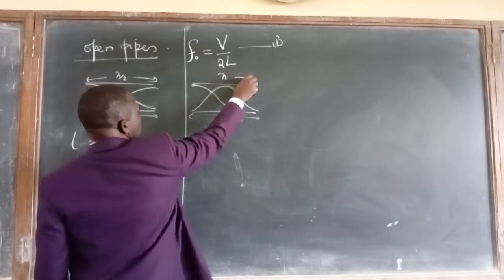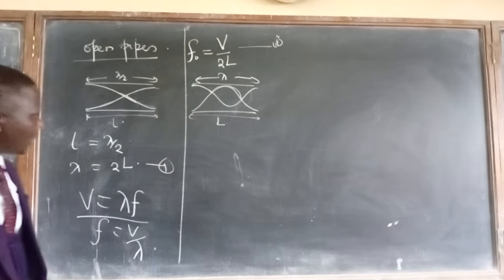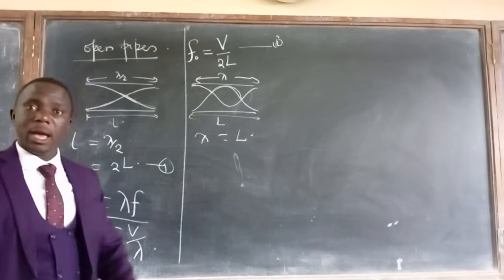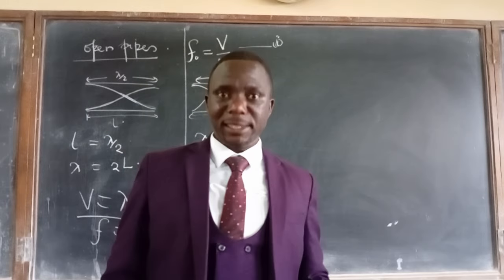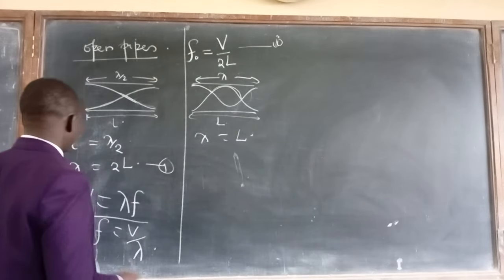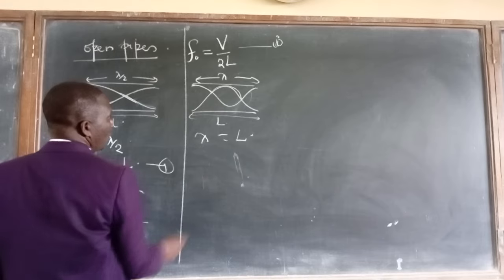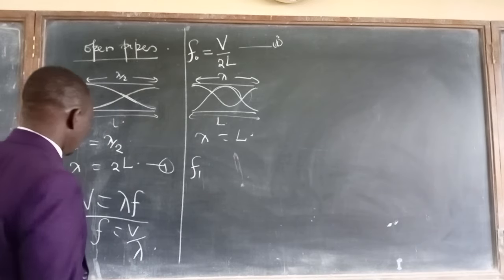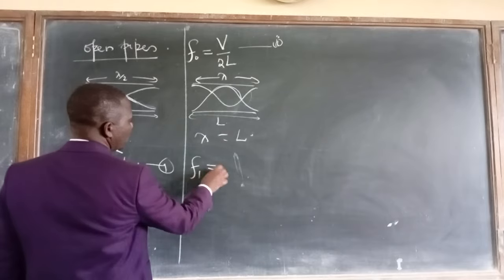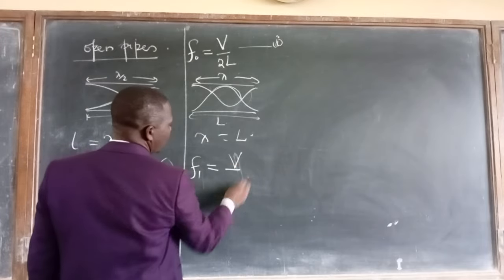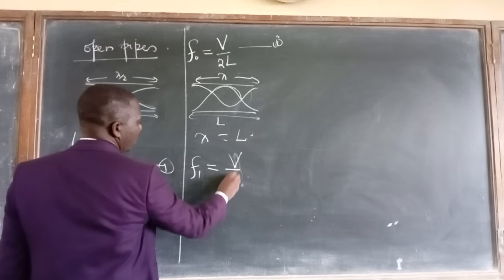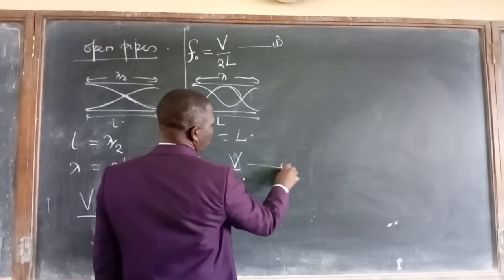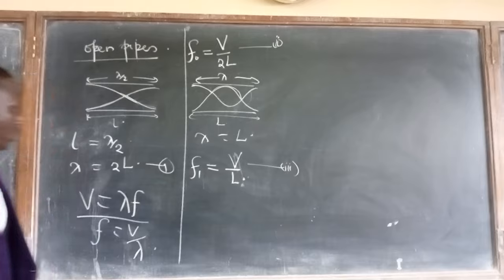So the whole of this now becomes one wavelength. Therefore, our wavelength is equal to the length of the pipe in this case. And so what is our frequency? The f1, the next after f0, will be the velocity of sound in air divided by the wavelength, which is this one. We could say this is our equation 3.